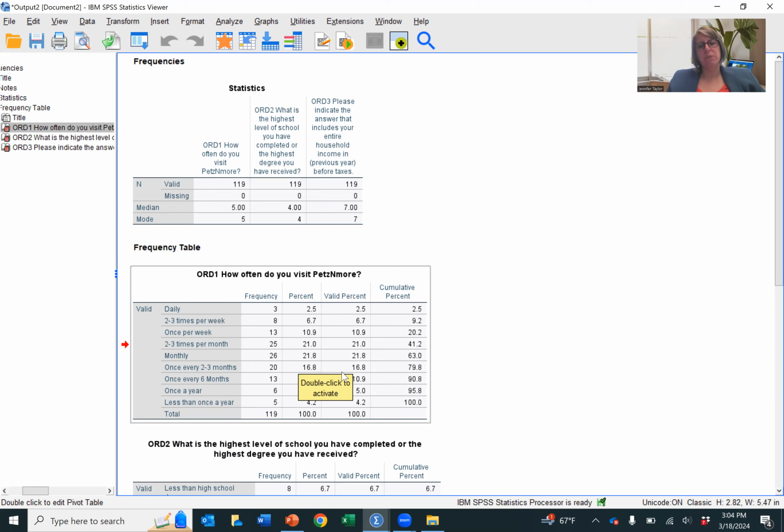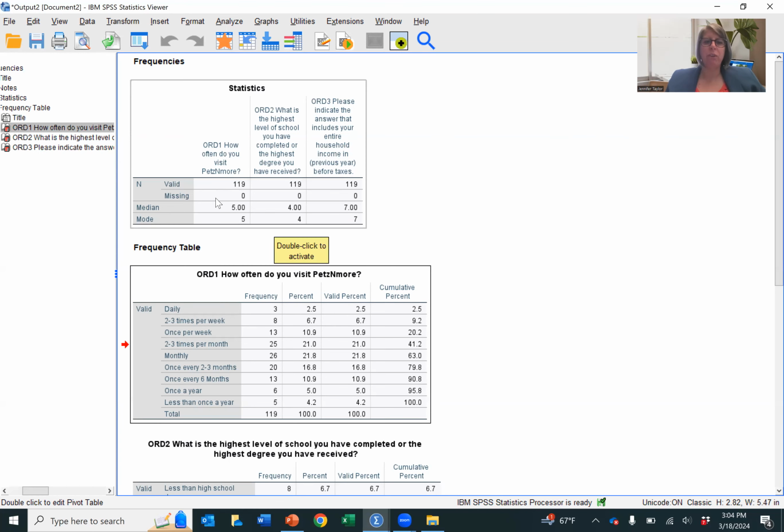Now, over here, you have valid percent. And for this particular sample that we have, the percent and valid percent is the same, but it would be different if you had any system missing. So if anybody did not answer this question, which on some questions, you might have it where people haven't answered it, especially if it's like a multiple response nominal variable or something, then this valid percentage is going to tell you what percent of the people who answered that question.